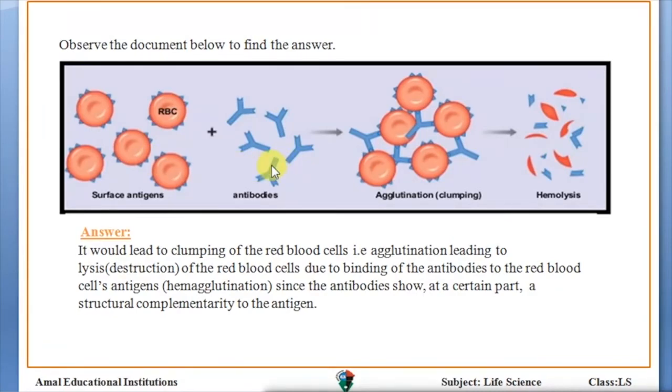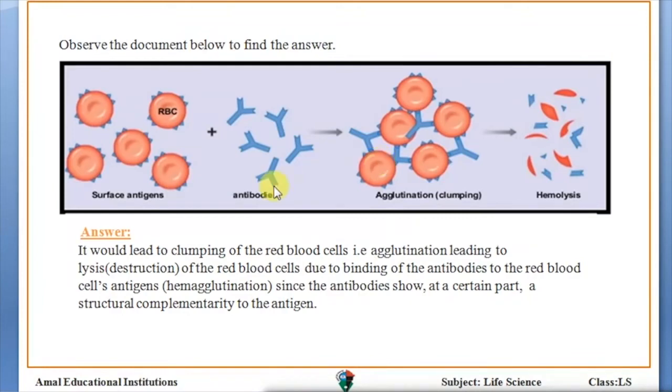When these are placed together, it is going to lead to clumping of the red blood cells. These are the red blood cells, they are clumped together, that is, they are grouped together. This is agglutination, also referred to as hemagglutination.